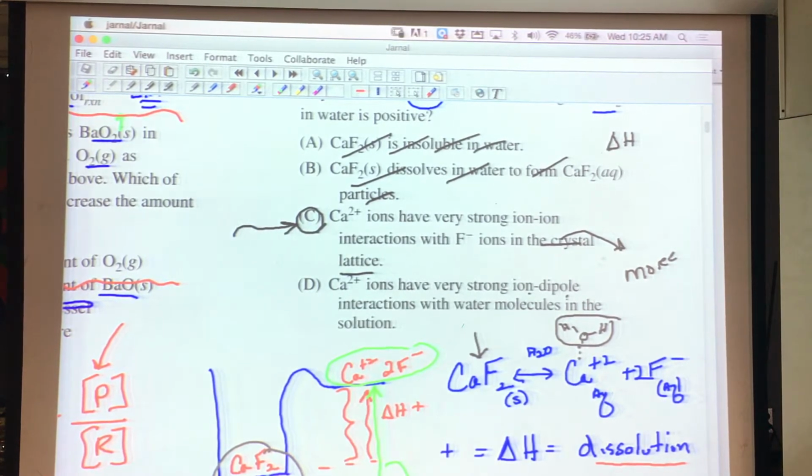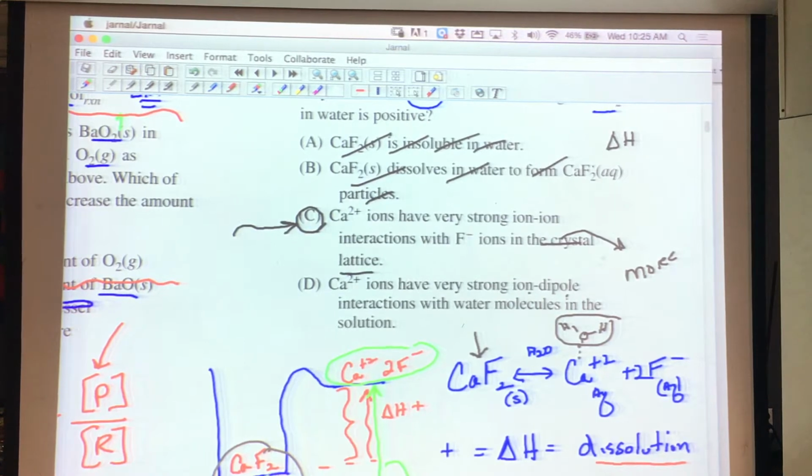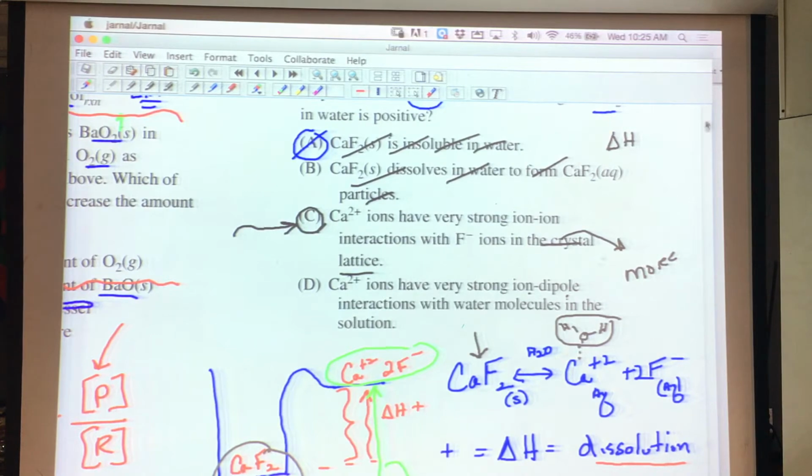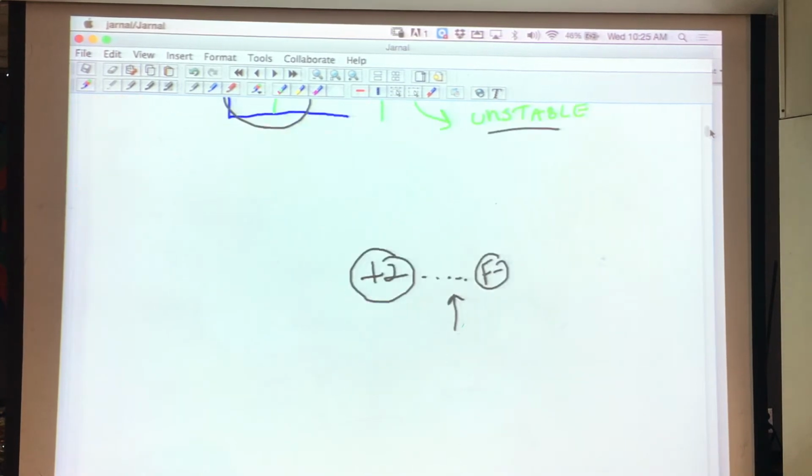So if it's totally insoluble, there wouldn't be a reaction and no delta H. But don't you know that all things are somewhat soluble? So it's not the best answer. I see what you're saying, that the solid is so strongly attracted to itself, it wouldn't go with the water. But there is going to be some amount of solubility. Okay? So that's an intelligent wrong answer. Gets you nowhere, but I can see why you would say that.